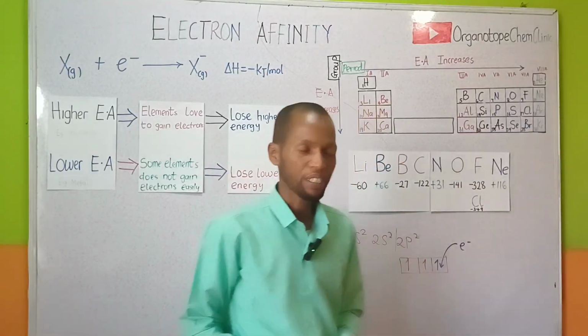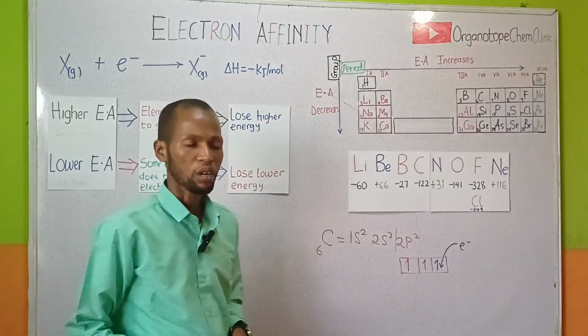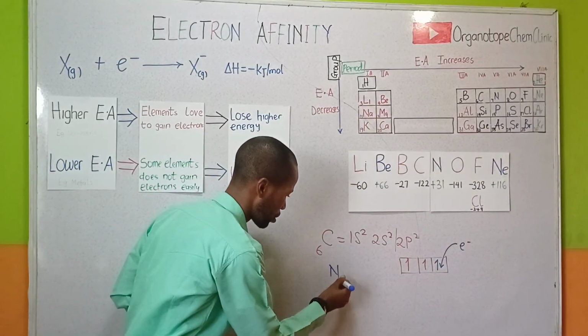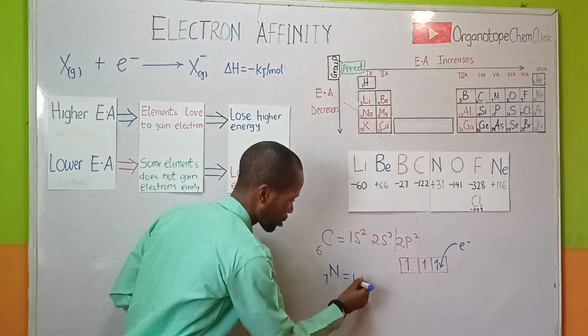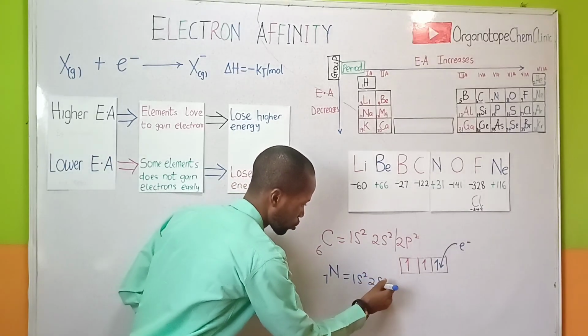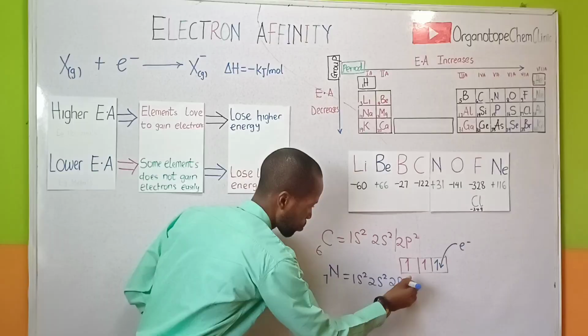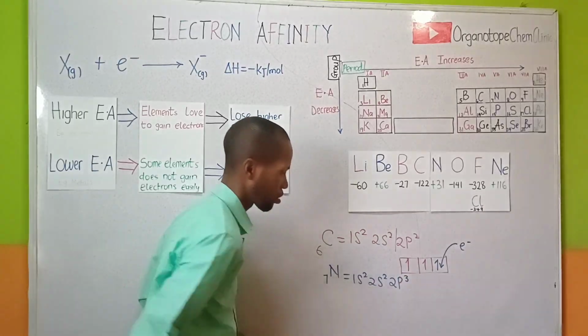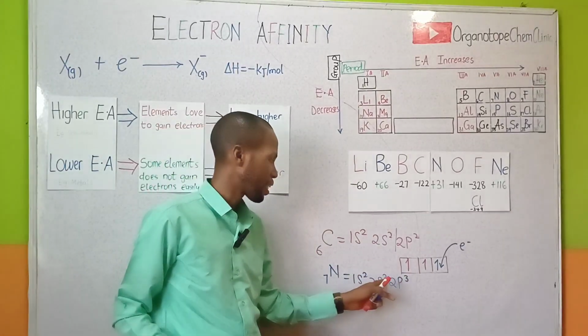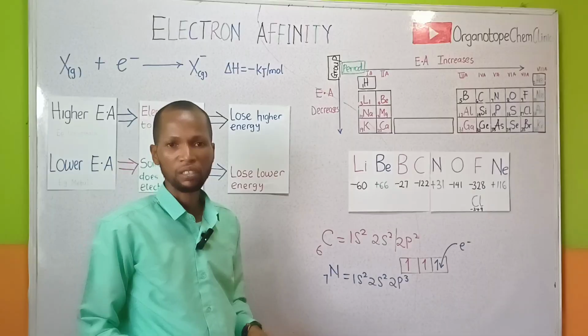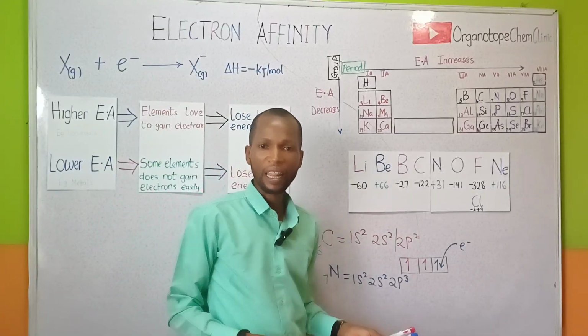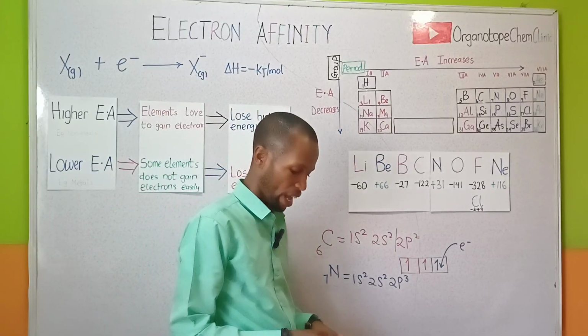But in the case of nitrogen, nitrogen has the atomic number 7. We have the electronic configuration 1s2, 2s2, 2p3. Okay, so when we add the electrons together, we have 7 electrons right here. Can we express the electrons in the p orbital of nitrogen?